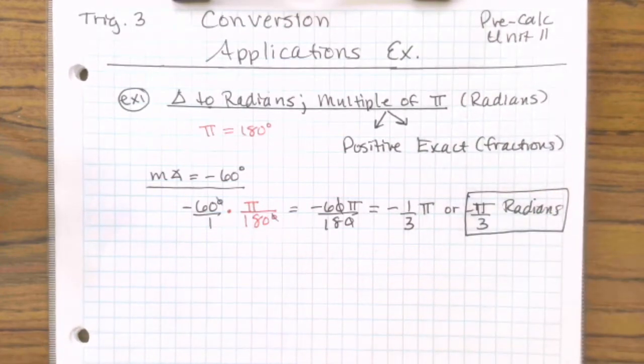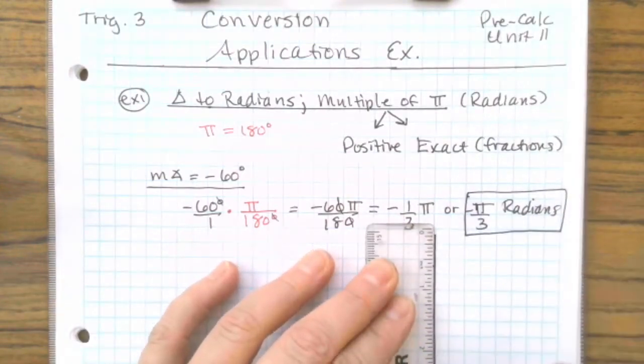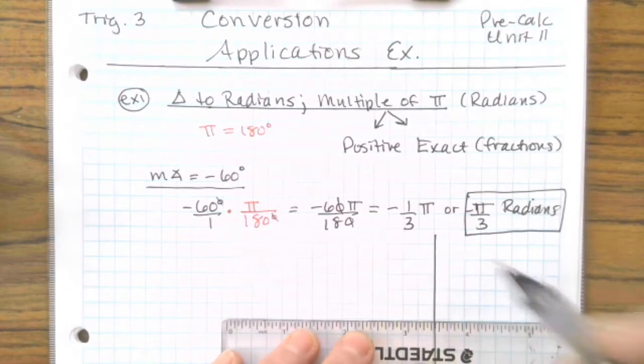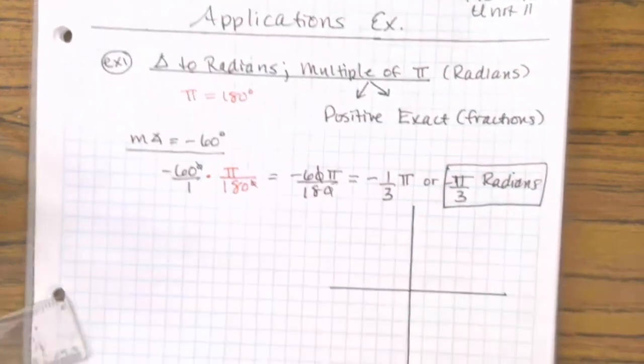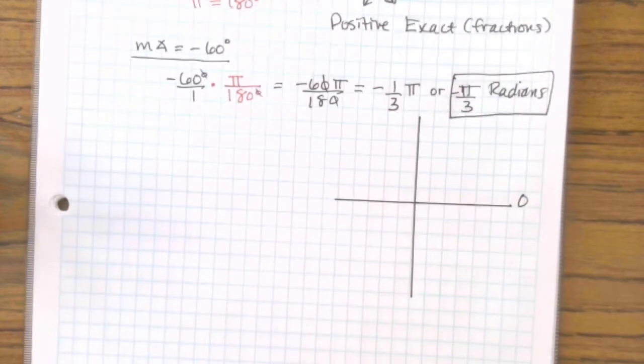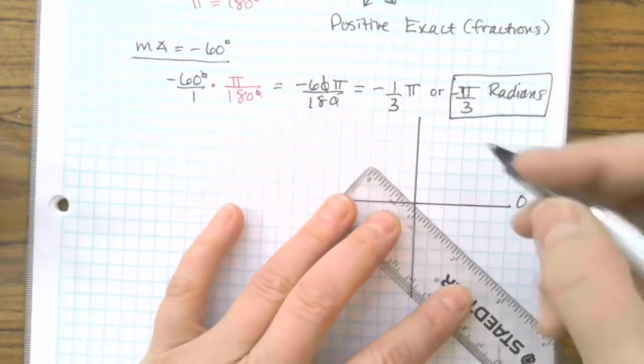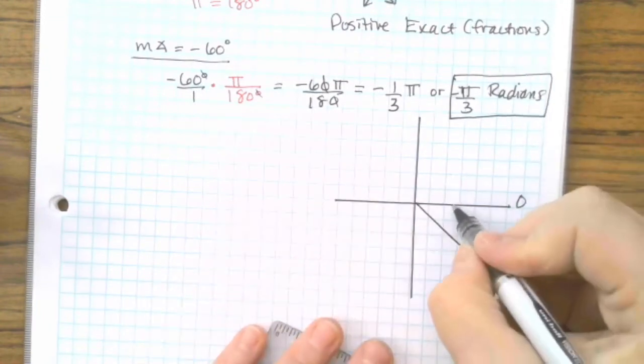So we've done the first thing, which is to take the degrees and put it into radian form. Okay, now we're going to figure out what it's going to actually be. So let's do a quick little graph here. And so you know that 0 radians is to the right. So when we're talking negative pi over 3, we're talking this direction.